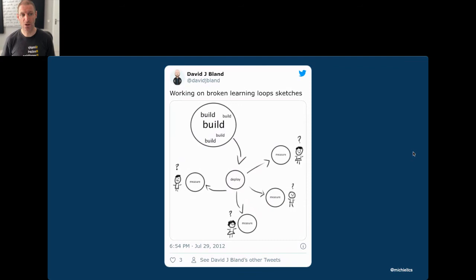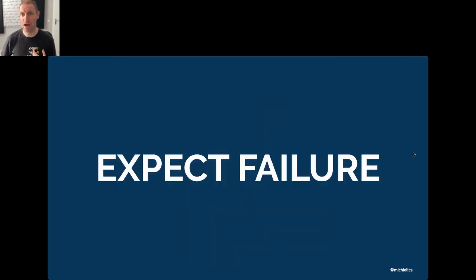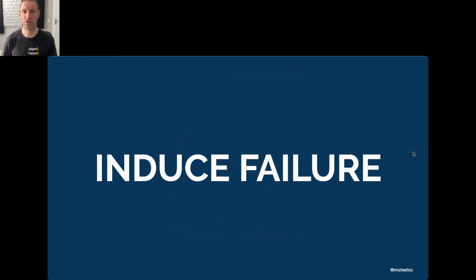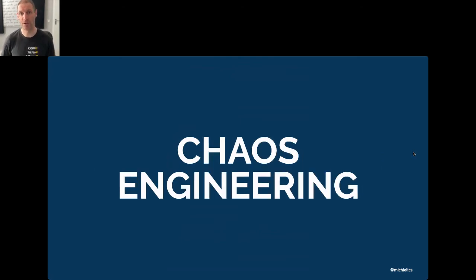All right, so next part is about expecting failure. And I like failure. Failure teaches us things, right? Failure, I think we should embrace. Failure is not something to be afraid of. Failure is not the opposite of success. In fact, failure is something we need to induce in our system in order to learn. And that's where chaos engineering comes in.